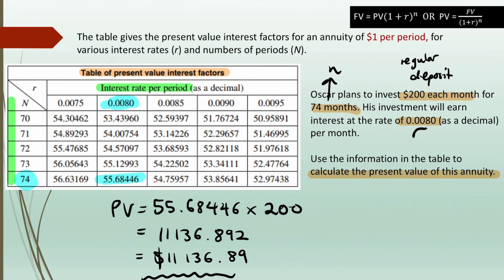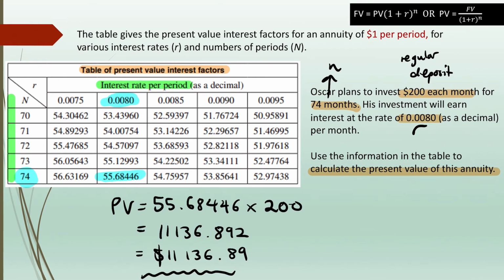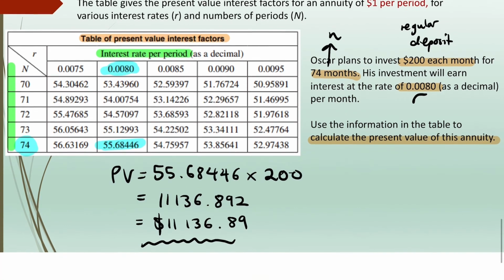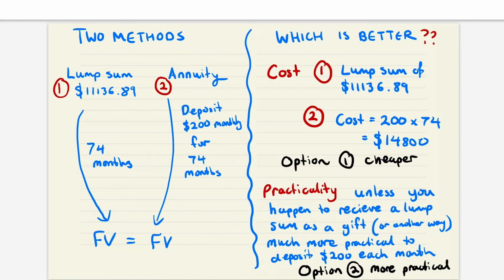To finish off, we're going to just have a look at these two types of investments, the annuity and the single lump sum. So we've had a look at, in that previous question, two methods of investing. If you look on the left-hand side here, we're going to have a look at these two methods. And then on the right-hand side, we're going to consider, well, which is better?